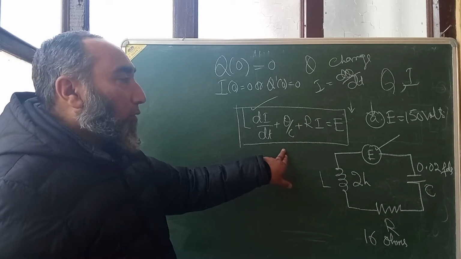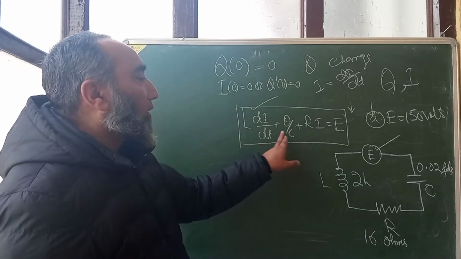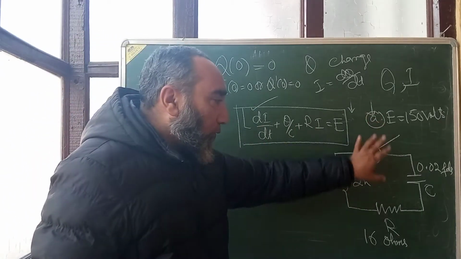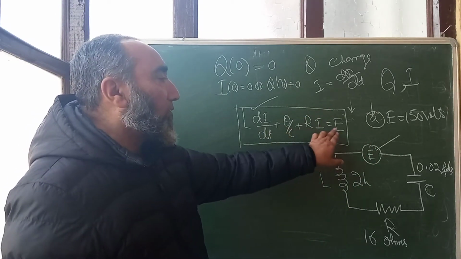Now, as per Kirchhoff's law, this is an LCR circuit. So I have to use all the three, L, C, and R, and E. Everything is given. L is given, C is given, R is given, E is given.